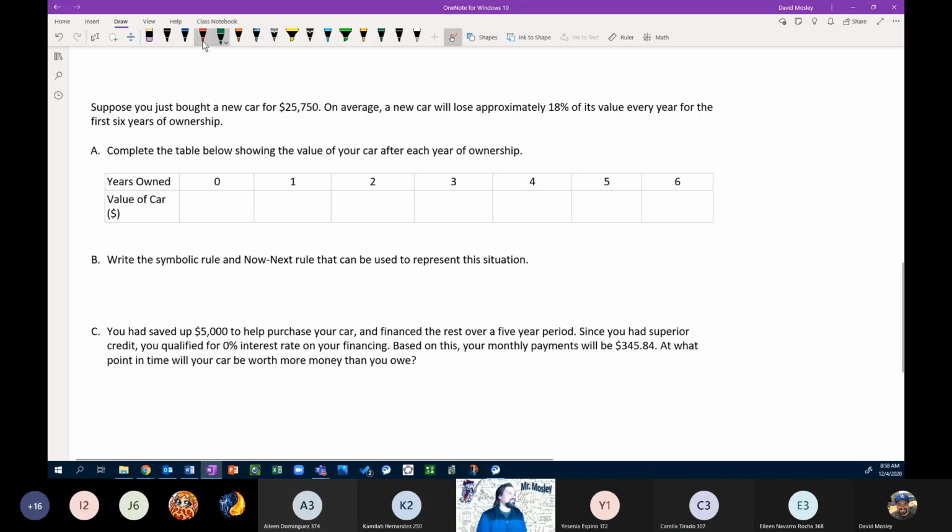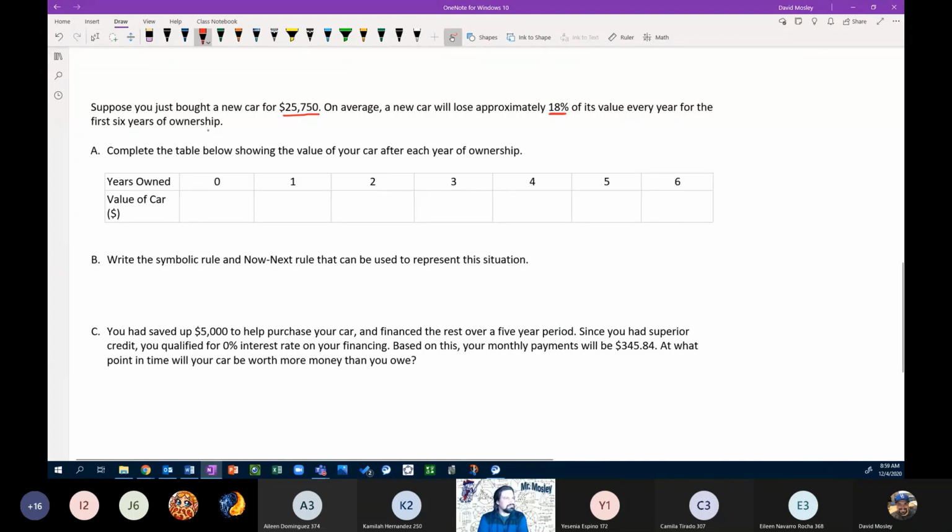Here we have it. Suppose you just bought a new car for $25,750. On average, a new car will lose approximately 18% of its value every year for the first 6 years of ownership.